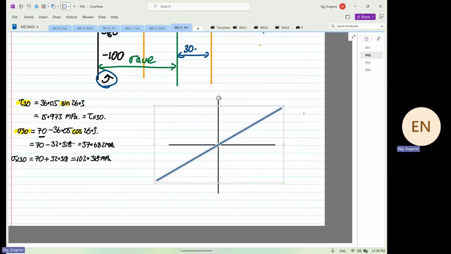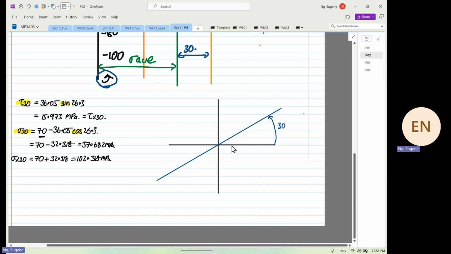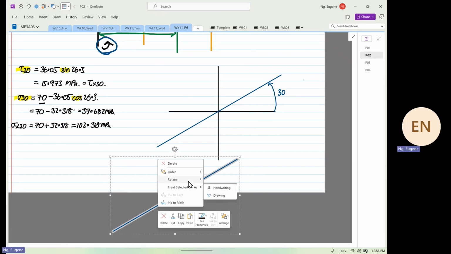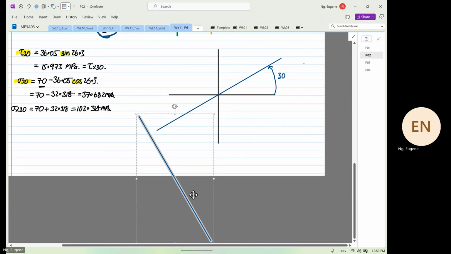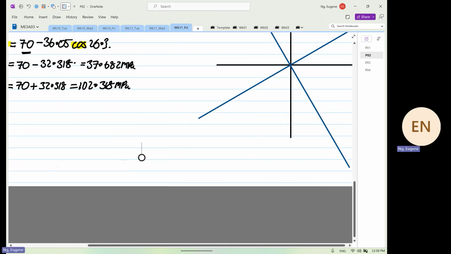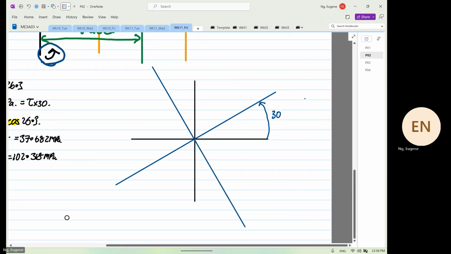So this is about 30 degrees anti-clockwise. Okay. Then I will rotate this by 90 degrees. Then we are going to put our element in here.